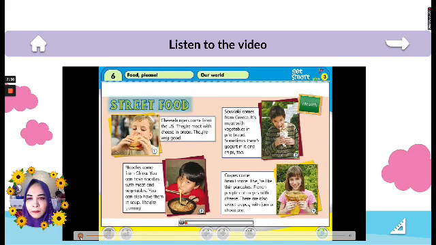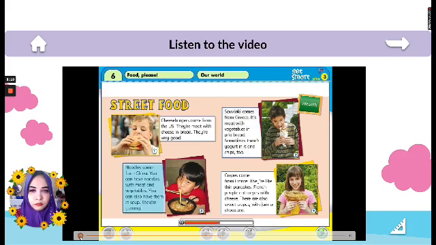Street food. Cheeseburgers come from the US. They're meat with cheese in bread. They're very good. Souvlaki comes from Greece. It's meat with vegetables in pita bread. Sometimes there's yogurt in it, and chips too.